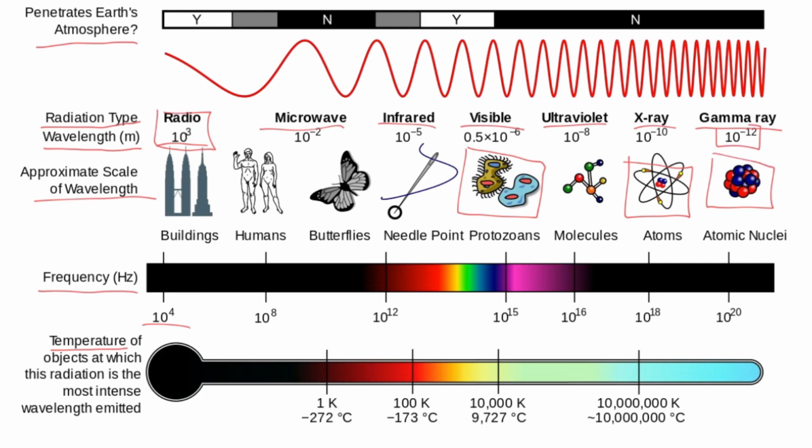And frequency-wise, as we move from left to right, we're getting higher and higher frequencies. So by the time we get to gamma rays, our frequencies are really high, 10 to the 20th. For visible light, we're somewhere between 10 to the 12th and 10 to the 15th hertz in terms of our frequencies.